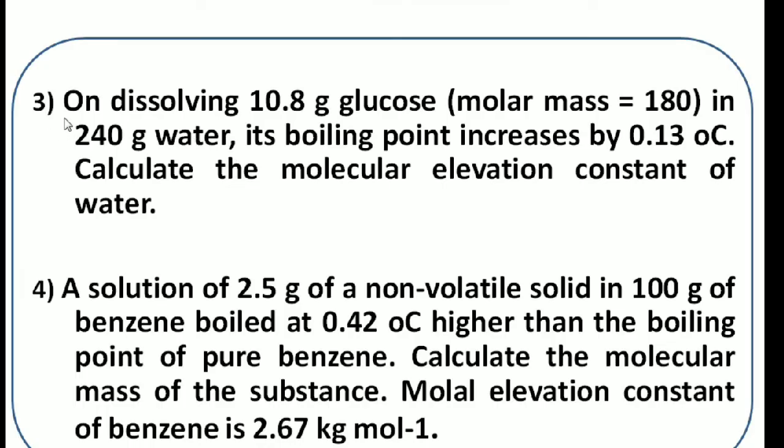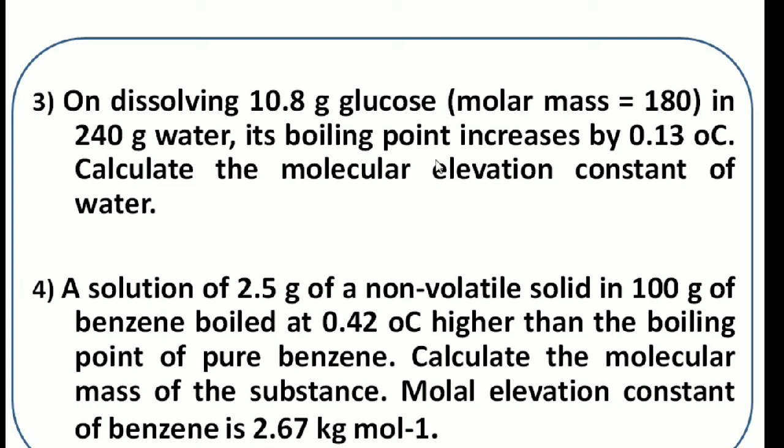Dear students, next problem on the elevation in the boiling point concept. So problem number 3. On dissolving 10.8 grams of glucose in 240 grams of water, its boiling point increases by 0.13 degrees centigrade. Calculate the molecular elevation constant of water.